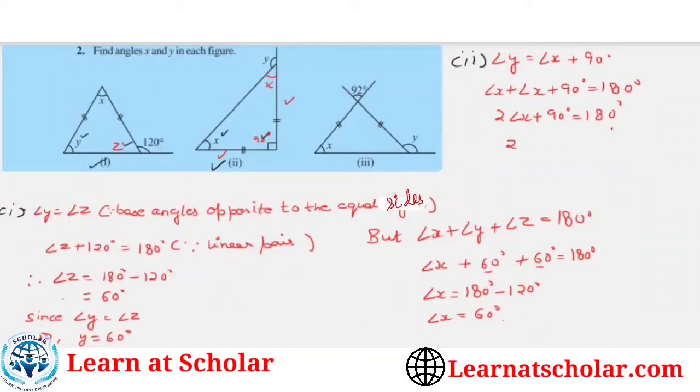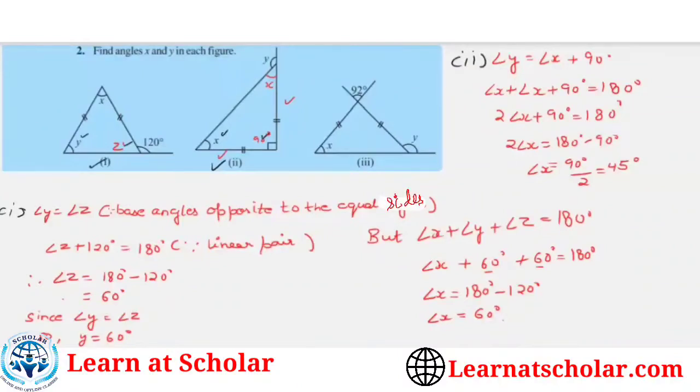We will solve it for x. Two angles are equal, x and x. Angle x is equal to 45 degrees.